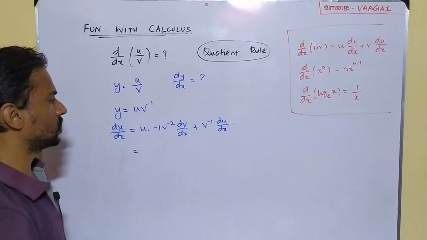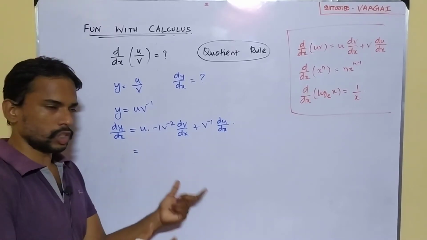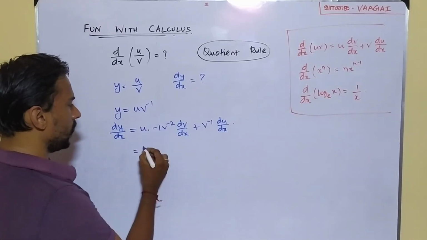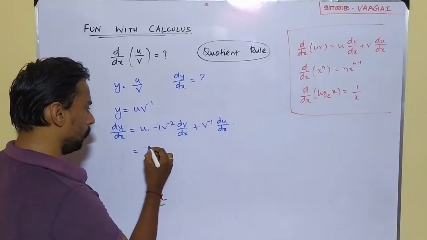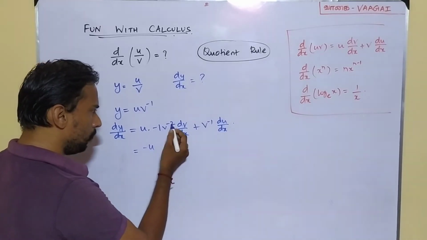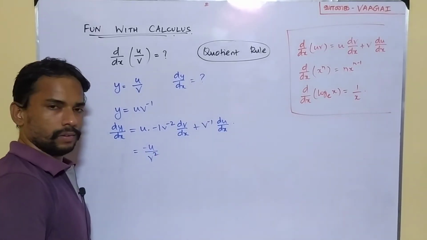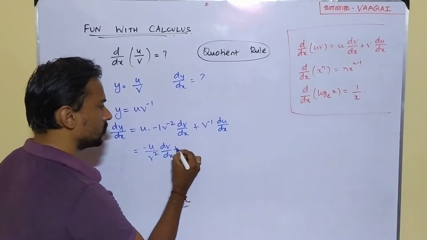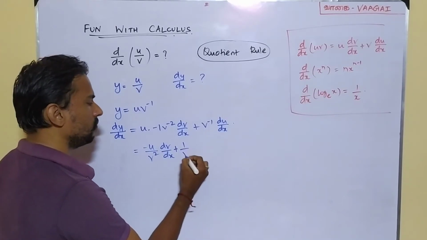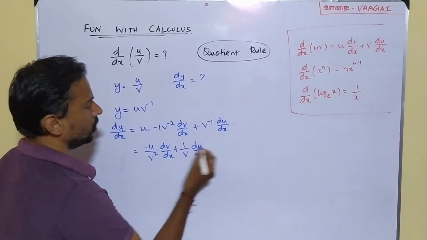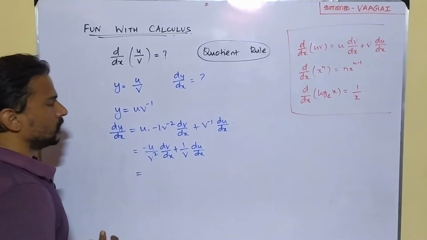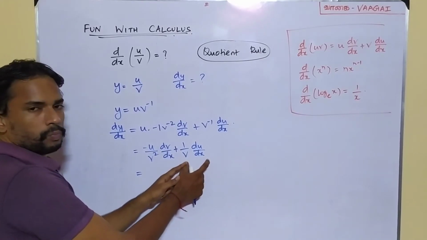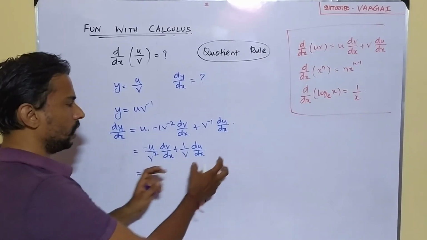And now if I just try to rewrite it, if I make some adjustments here, I will be having minus 1 times u, which becomes minus u, and this v power minus 2 can be written as 1 by v square, into dv by dx, and here I will be having plus this v inverse, which is nothing but 1 by v, into du by dx. Things are clear? And now just try to rewrite the same thing. I'll be having this positive term first.